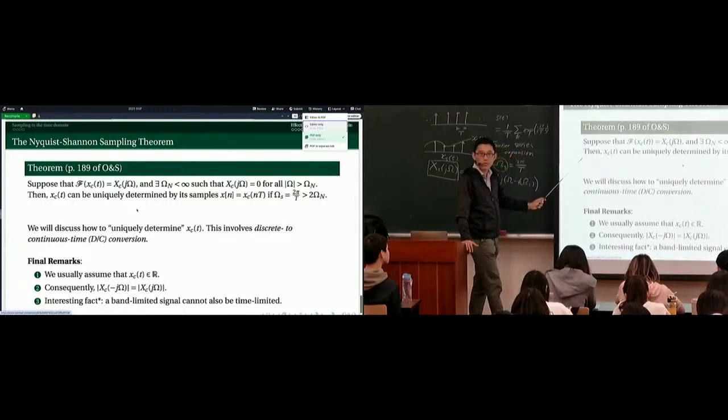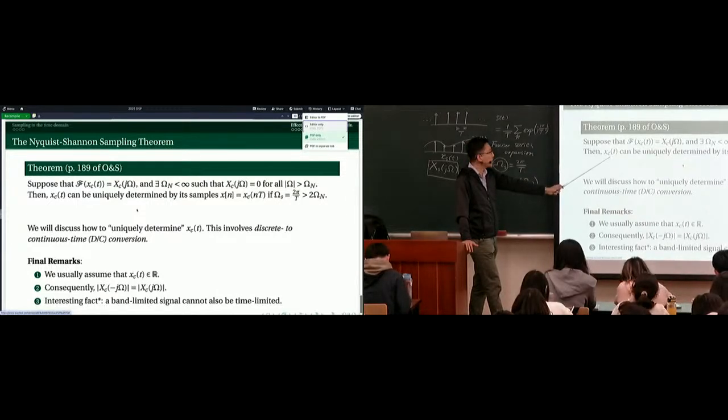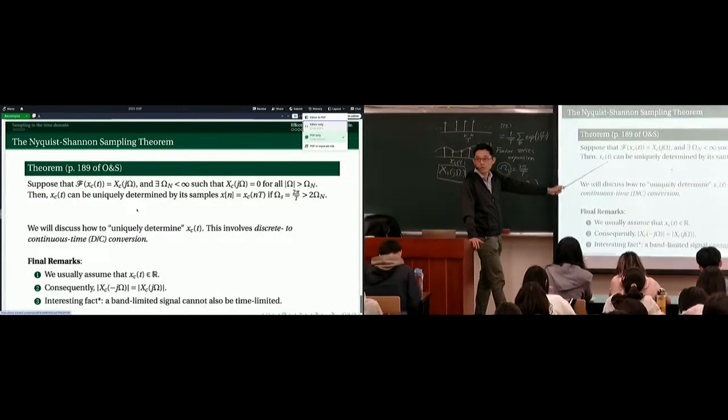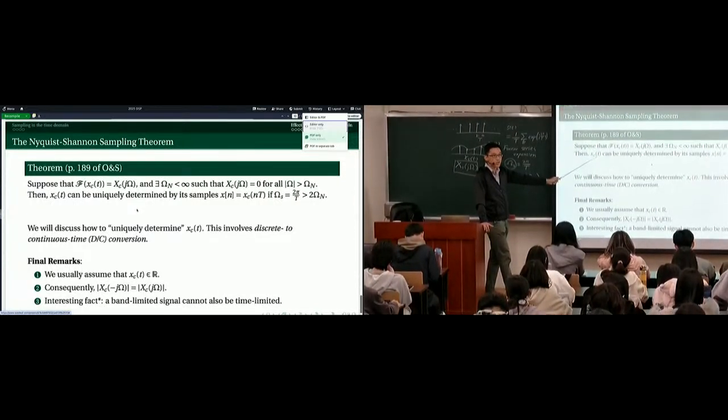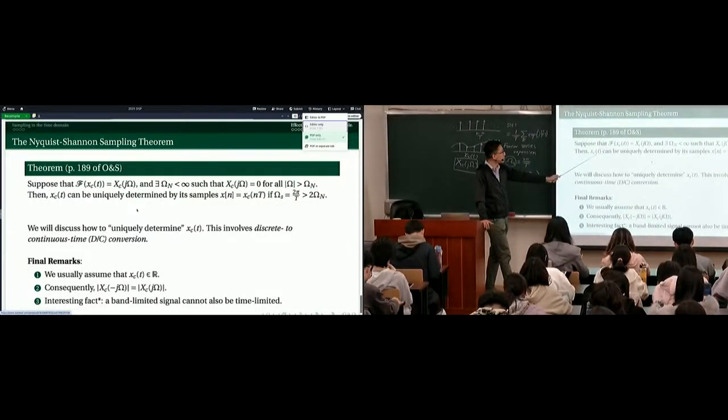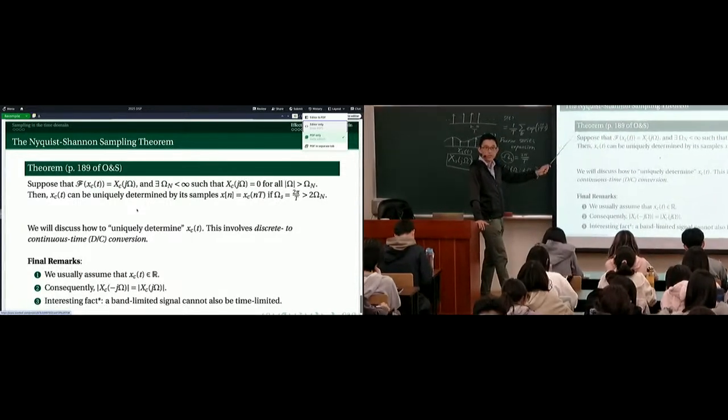So that's what the theorem is about. In principle, in theory, your signal can be reconstructed. There will be no ambiguity, no aliasing, no confusion. All right, so far so good. Yeah, this is in the textbook.